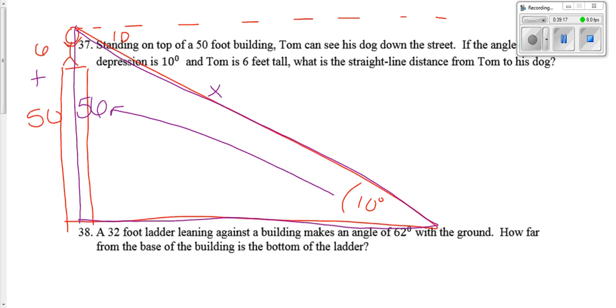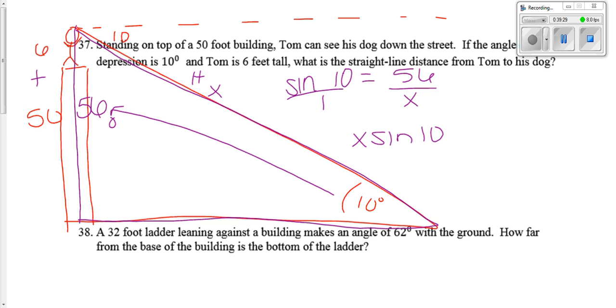So 56 is our opposite. X is our hypotenuse, so sine of 10 equals 56 over x. Cross multiply: x sine 10. What should be sine? Not tangent. Okay. Whoops.